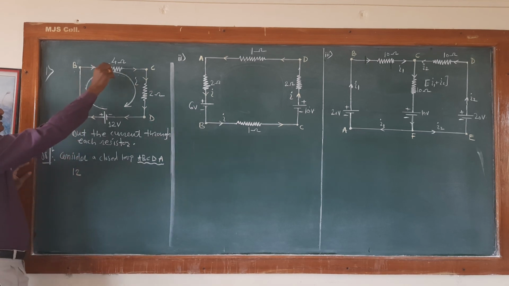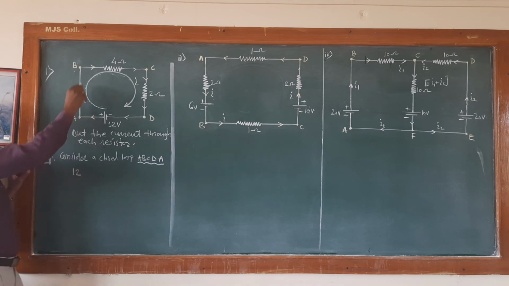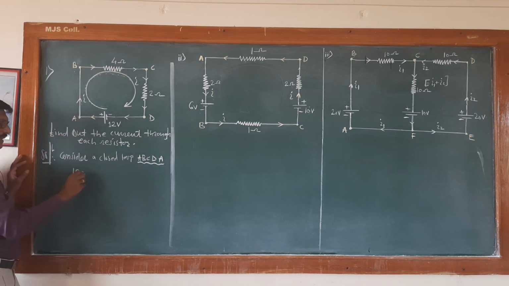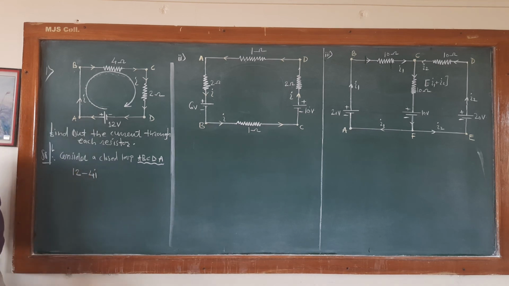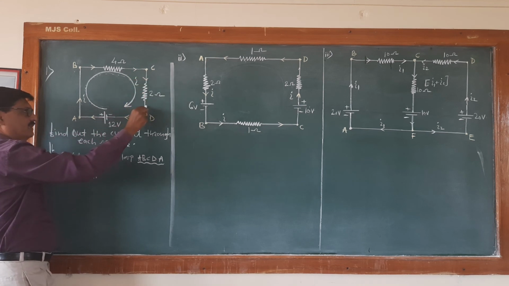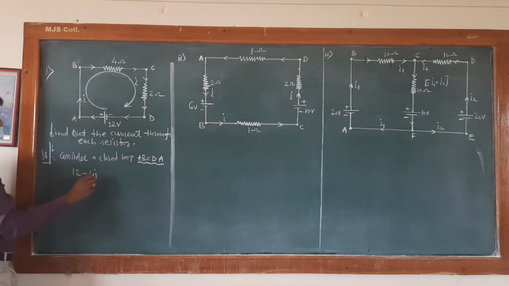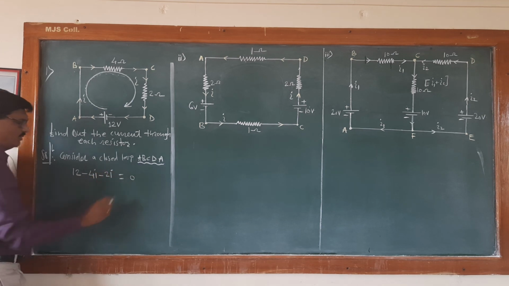So 12. Then this is I multiplied by 4. That is a potential difference taken in the direction of conventional current. This is negative. Therefore, minus 4 times I. Again, we go to this side. This is the direction of conventional current. That is minus 2 times I. This is equal to 0.